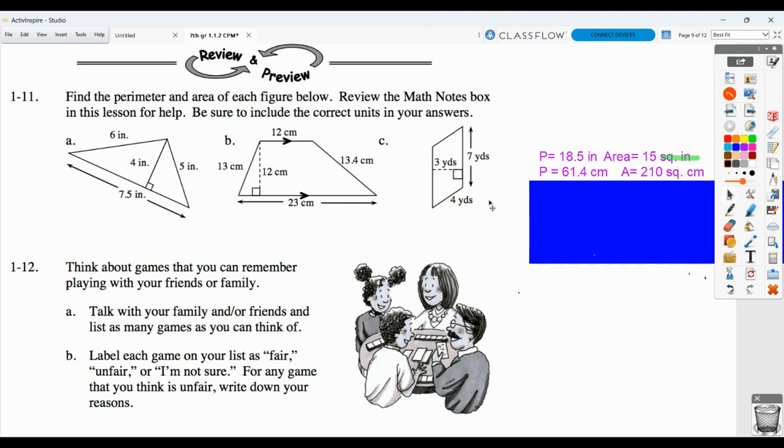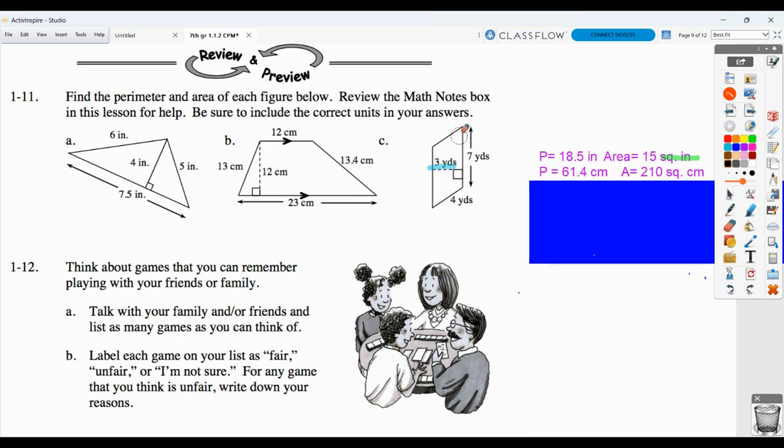For C, you would want to find the perimeter again, which would be adding up the outside sides, 7 plus 4 plus 7 plus 4. And then for area of a parallelogram, it's base times perpendicular height. So 7 times 4. I'm sorry, 7 times 3. The reason 4 is not the base is because it doesn't create a perpendicular to the opposite side.